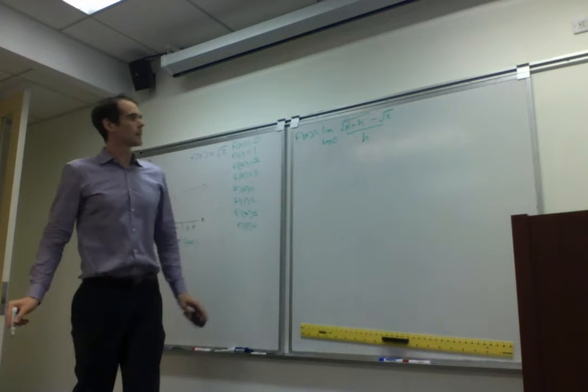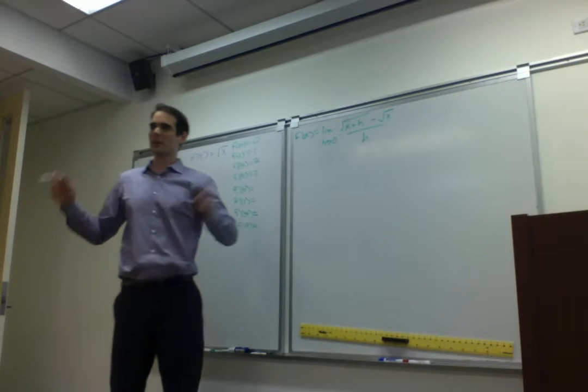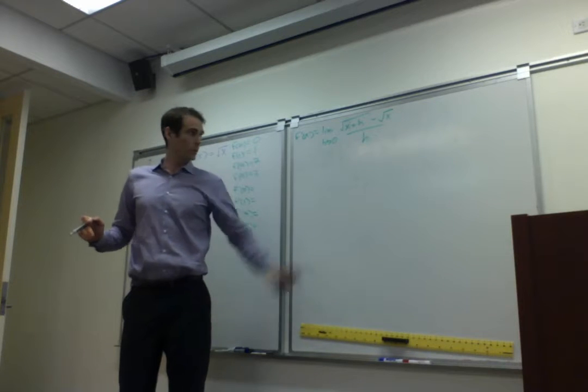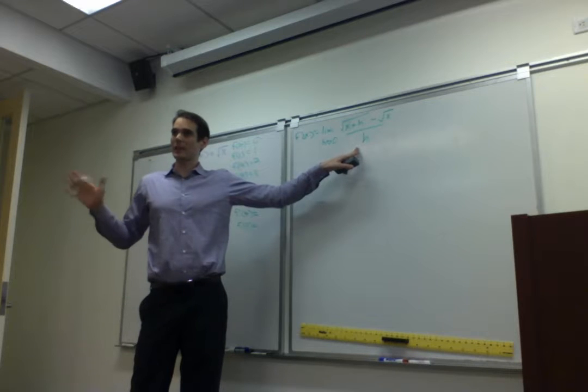Okay. And what's the problem with that as it is right now? Why can we not say we're done? Well, this is the formula for the prime. But why is it not yet in a usable form?